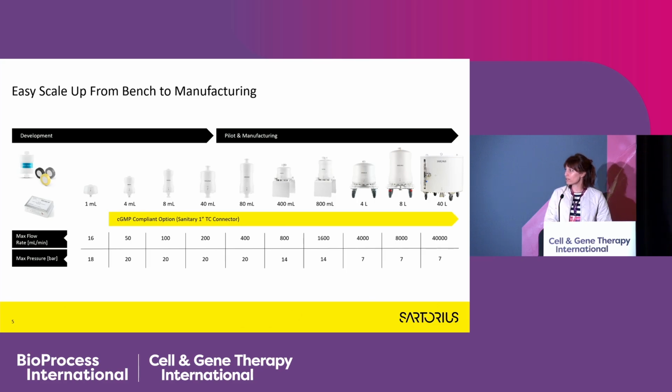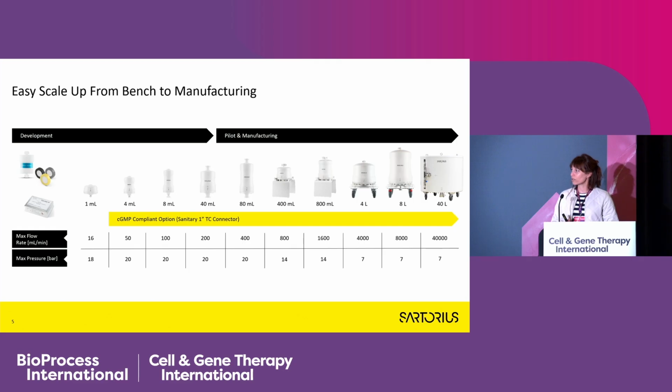This is the list of our products in terms of size. So all the chemistries are also available in the format from 1 milliliter to 40 liter column. Of course, usually the process development starts with smaller units, sometimes with high throughput solutions, sometimes with a 1 milliliter column, which is then linearly scalable up to 40 liter.